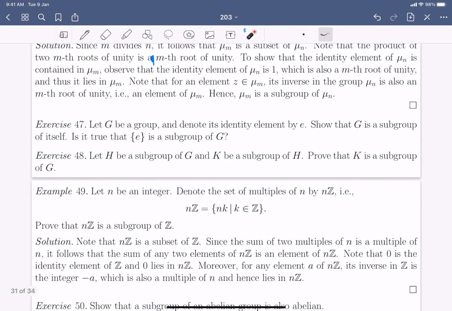Okay, so while studying sets, we have seen the obvious fact that a subset of a subset is a subset. By that I mean, if you have a subset Y of Z, and if you have a subset X of Y, then it follows that X is a subset of Z, right?